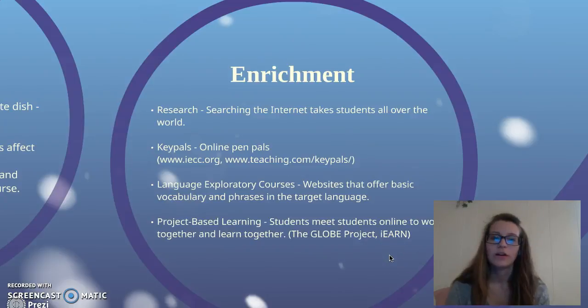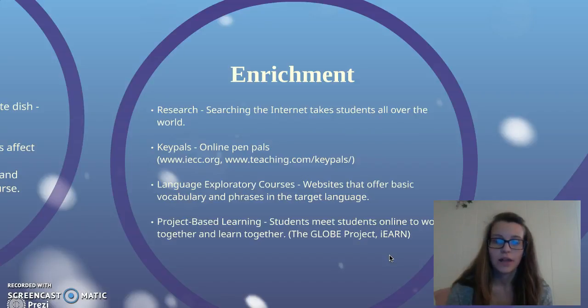They also talk about enrichment for distance learning, and basically research is a great way to allow students enrichment. This allows them to search the internet, and it takes them all over the world. There's also a website for Key Pals, which is basically online pen pals.